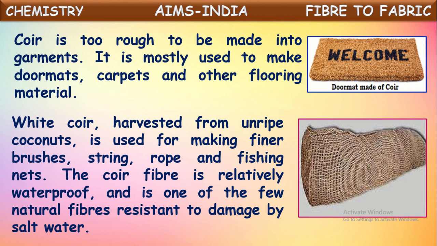Most natural fibers are quickly damaged by salt water, but this is one of the very few that resist it. That's why coconut coir is also used for making fish nets and sailing boat ropes. These all are made with this.